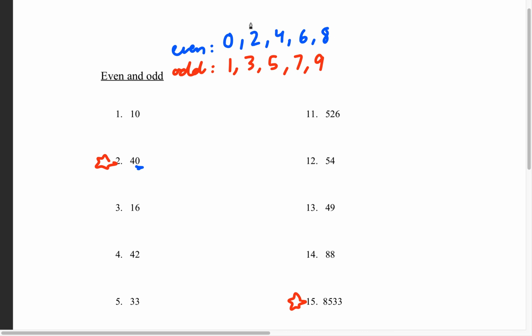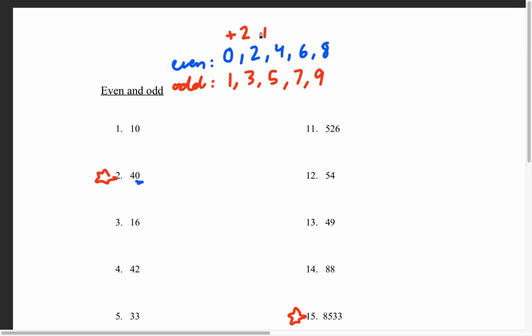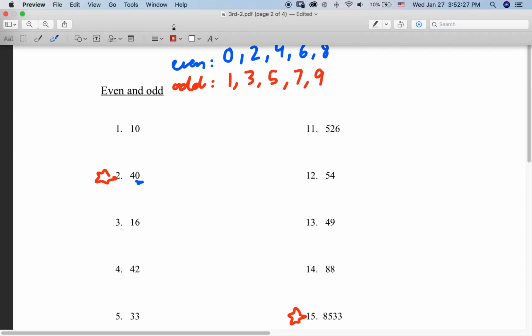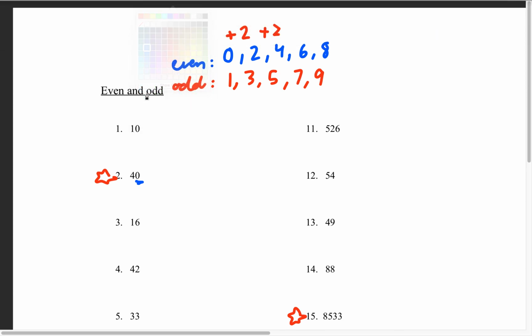If you notice closely, each number is added by 2. Like 0 plus 2 is 2, 2 plus 2 is 4, 4 plus 2 is 6, so on. And same thing for here. But you see, the even starts at 0, while the odd starts at 1. So that's what makes them different. But they both follow a pattern of adding 2s.